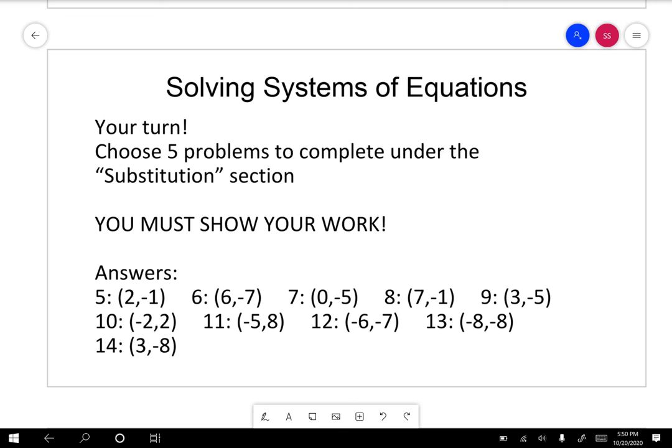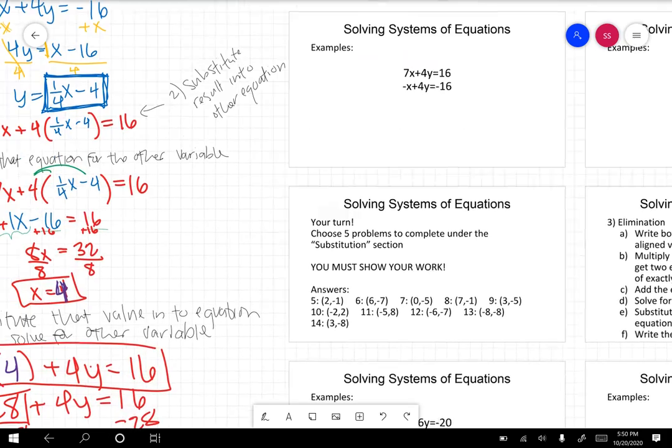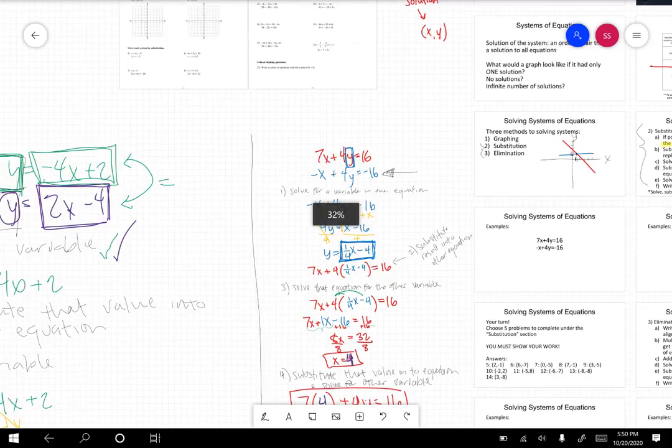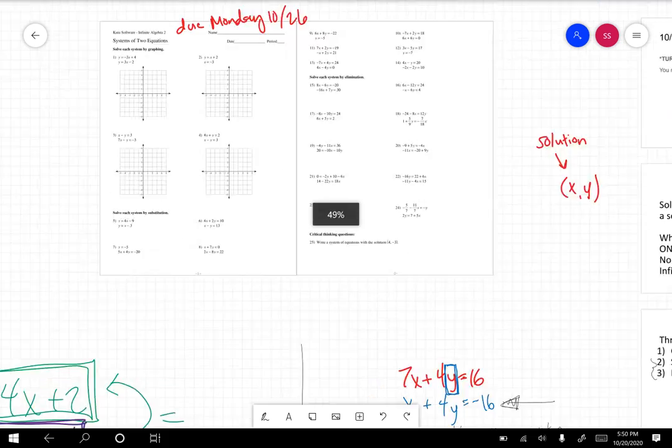Okay, so what you're going to do on the assignment that is attached to the Google Classroom assignment that you are watching the video on is a worksheet that looks like this.